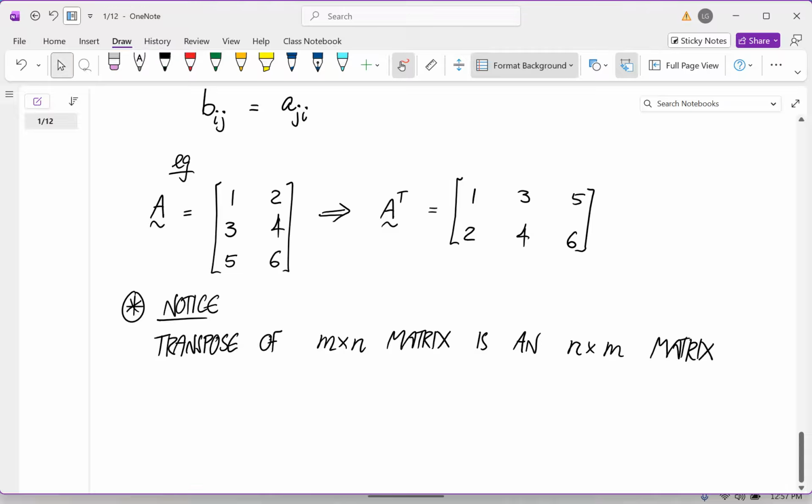So let's say this is the first thing to notice. The second thing to notice is TI calculators have a built-in transpose function.